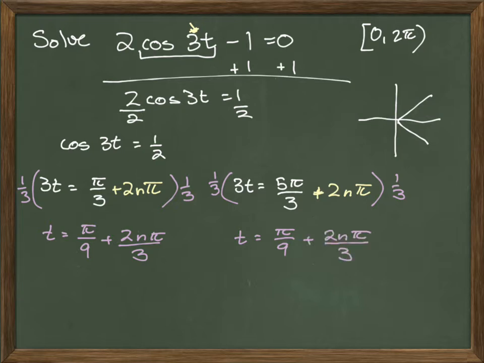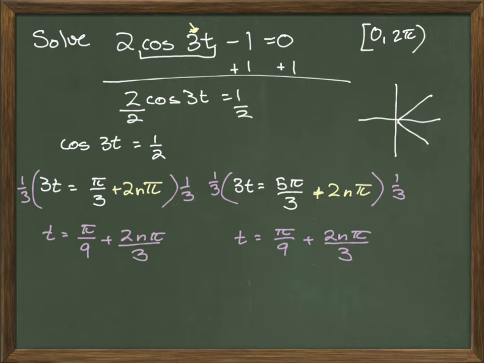If that restriction wasn't there up here, 0 to 2 pi, you would be done now. That would be your general angle, and you would be done. Because of a different period here, 2 pi over b, remember, the period for this cosine function is 2 pi over 3.